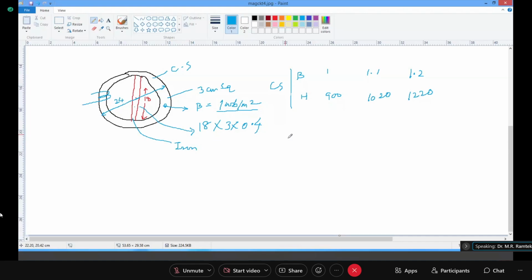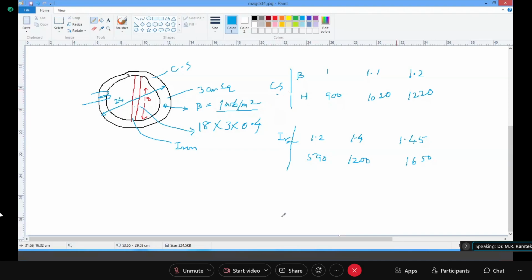So for iron, I have this: 1.2 is 590, 1.4 is 1200, and 1.45 is 1650. So this is the data for iron. This is the data for that outer ring, cast steel.